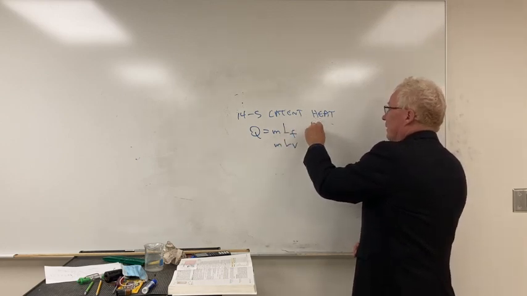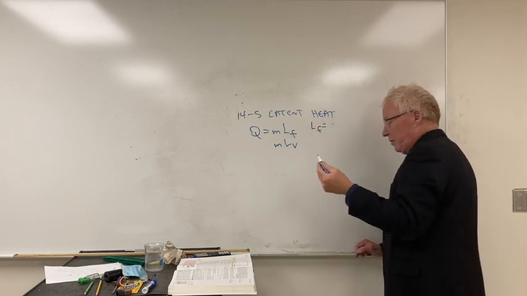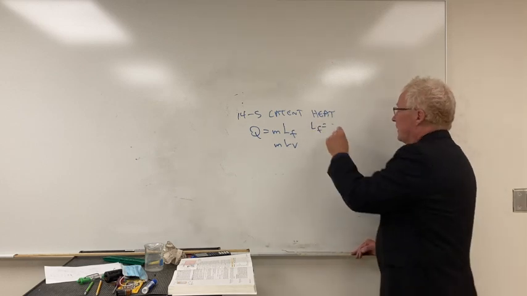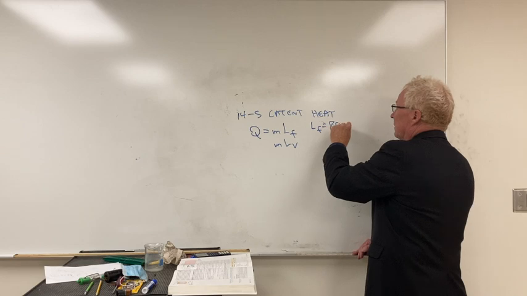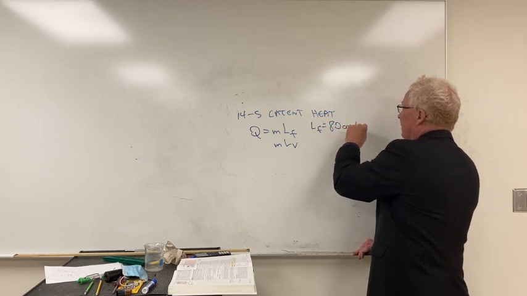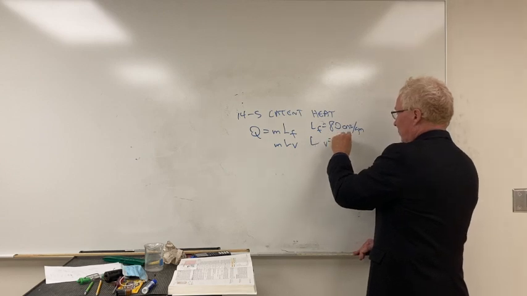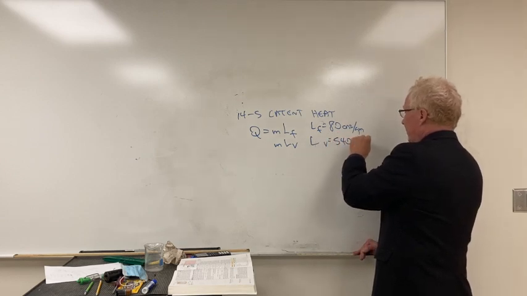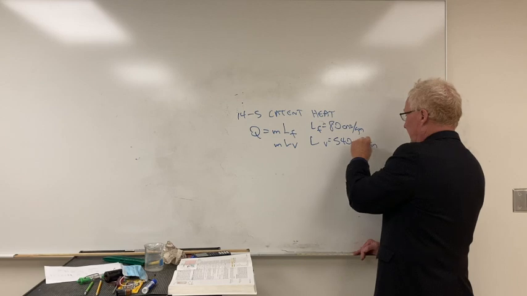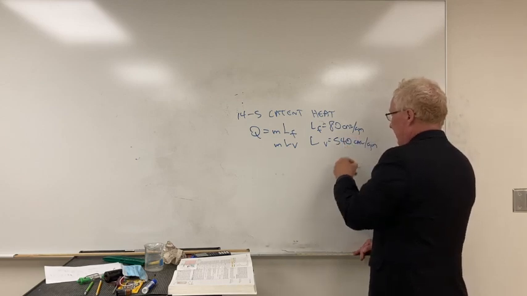We're mostly going to be doing water for this, so 80 calories per gram. Latent heat of vaporization is 540 calories per gram. Again, we've talked about that and some examples related to that.